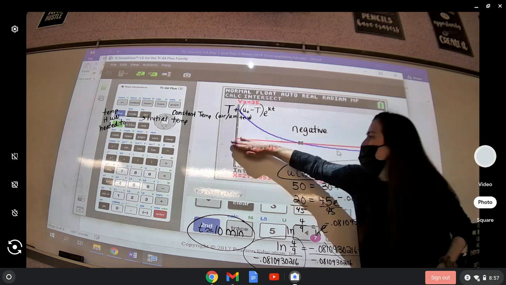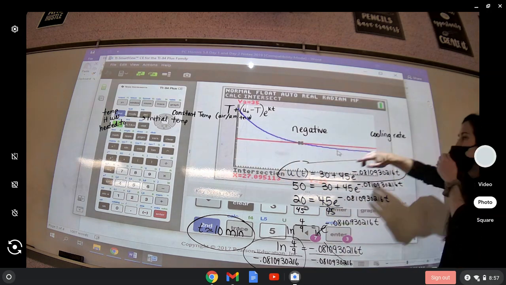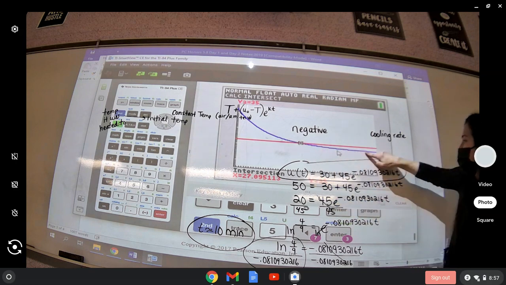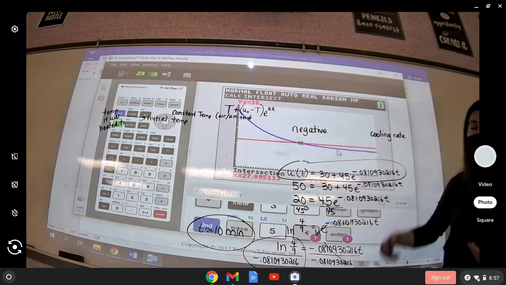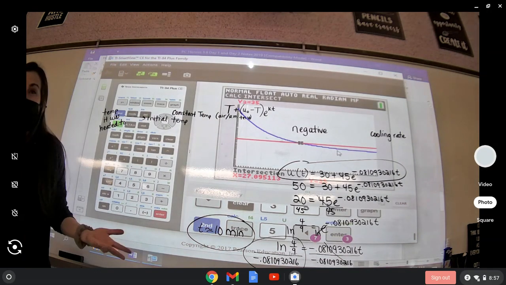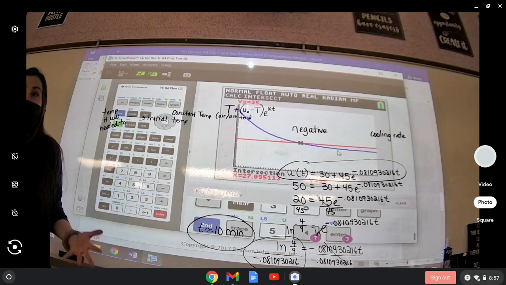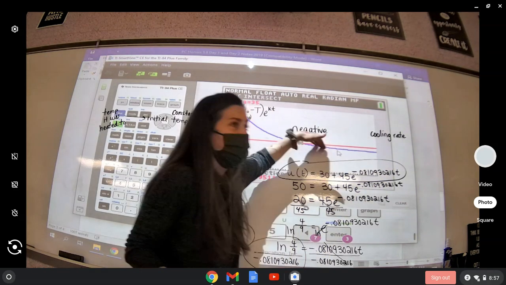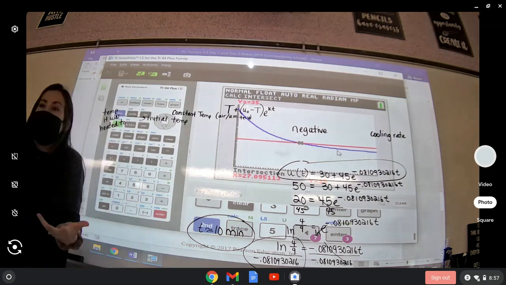Does anybody know what temperature it's starting to level off at? This was 35 degrees. So clearly it's leveling off at a temperature near 35 degrees. Anybody know what temperature it's leveling off at? What was the temperature of the room this thing is sitting in? 30 degrees. It's slowly gonna level off until it reaches that air temperature, that room temp that it's sitting in.